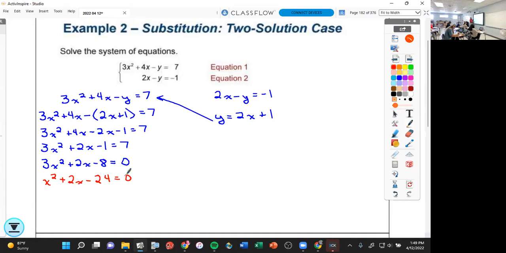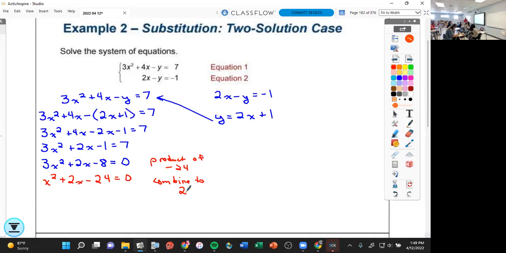So I need two numbers that multiply together to get negative 24. So I need a product of negative 24 that combine to 2. What two numbers multiply to get negative 24, but when I combine them, I get 2? Negative 8 and 3? 6 and 4.